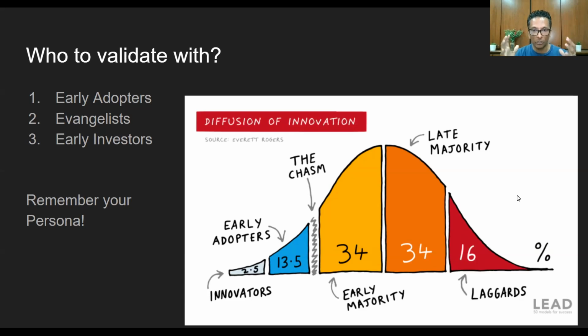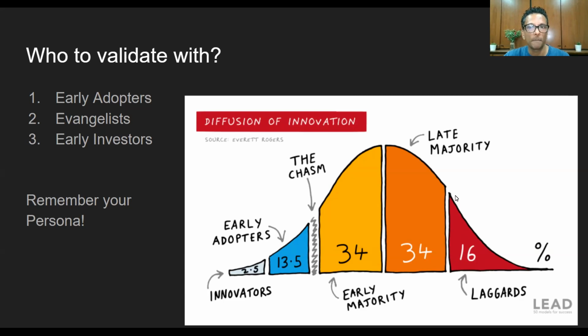Your persona is your picture, your photograph of the person who is going to be your customer, not your end customer, but kind of your next customer. Who is your persona, and who are the early adopters in your persona group? Important question to ask when you are trying to get some feedback about your product.